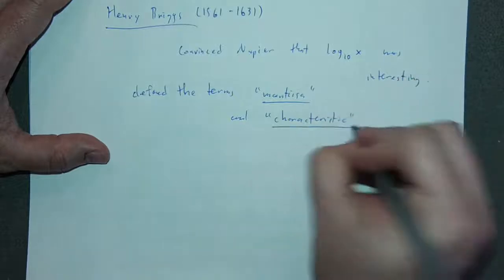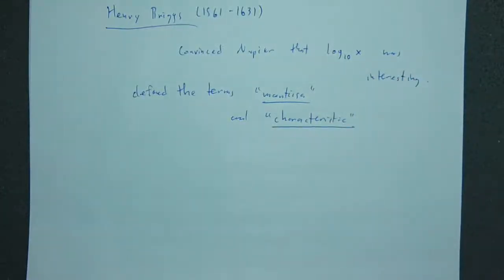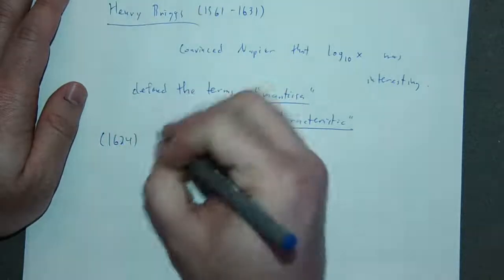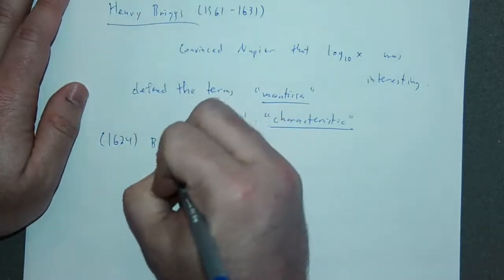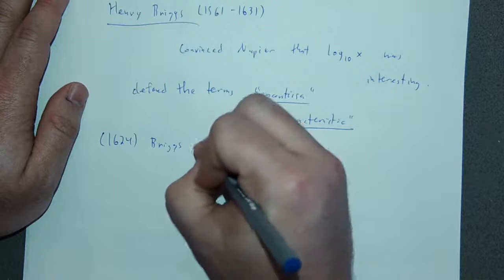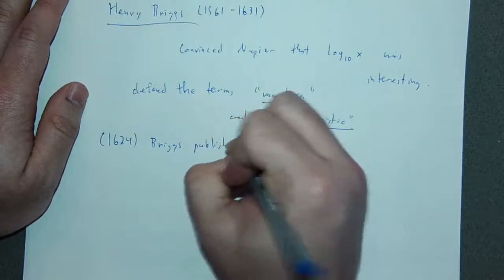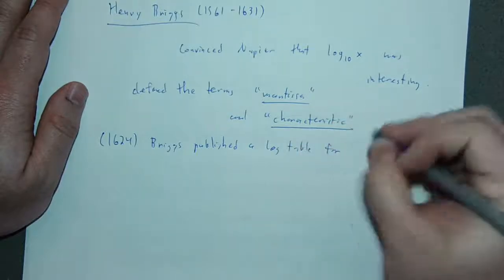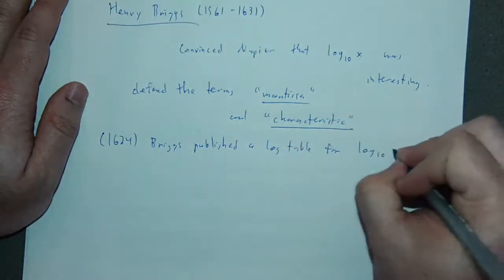These are terms that apply to logarithms base 10. What is the idea to logarithms base 10? So in 1624, Briggs published a log table for log base 10 of x.